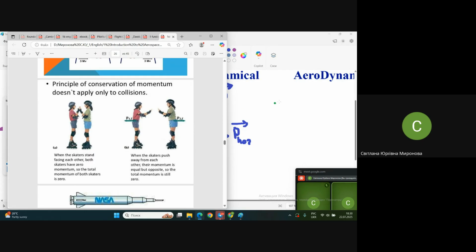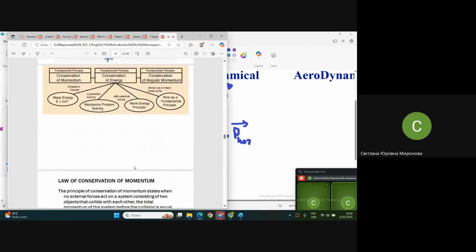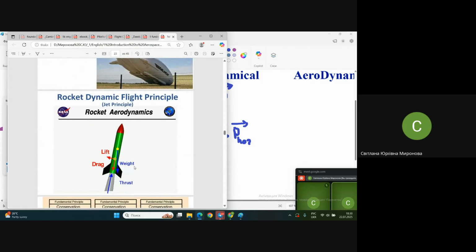That is the idea of the rocket dynamical principle, that a flying vehicle practically throws out some portion of its mass. It's fuel, which of course is burned in the engine, and this fuel creates an additional force, a jet type of force.